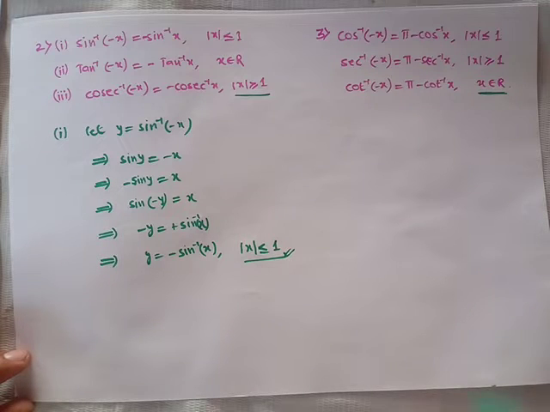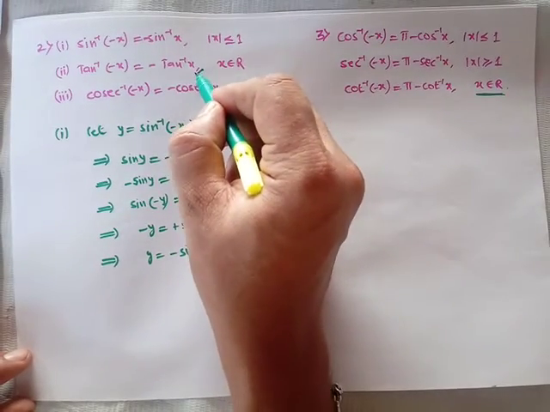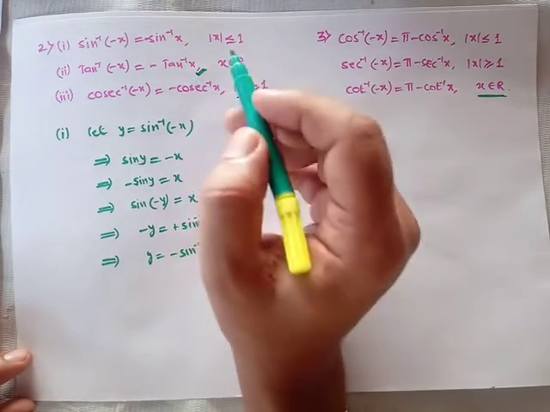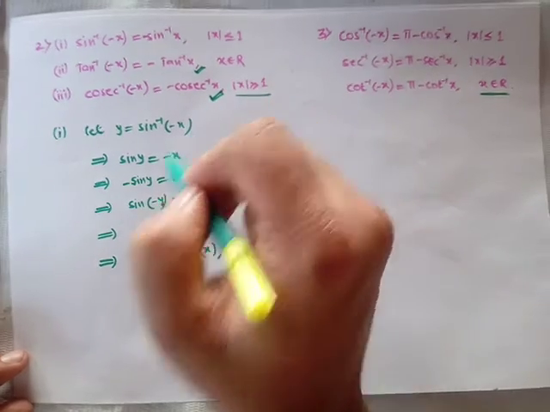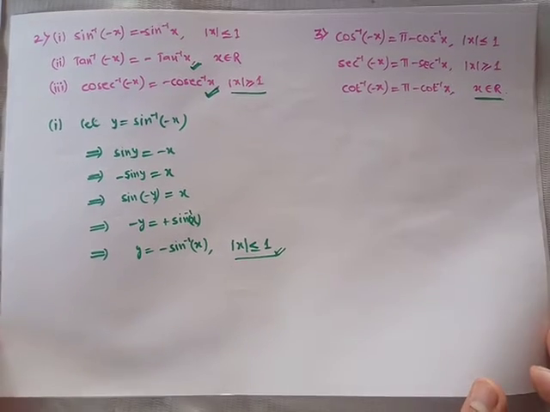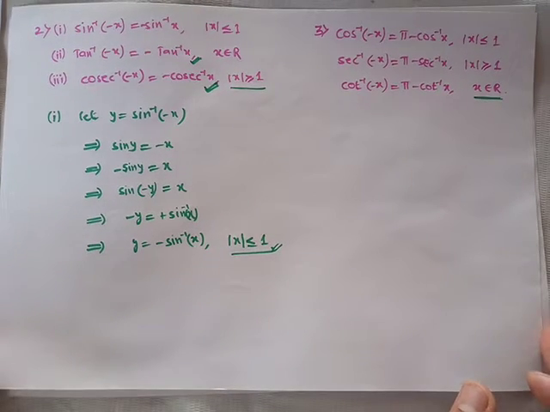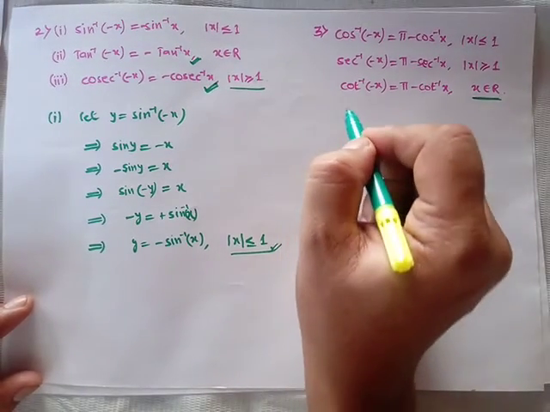Okay, so similarly try to understand. Tan inverse of minus x is equal to minus tan inverse of x, cosec inverse of minus x is equal to minus cosec inverse of x. Coming to the next types, cos inverse of minus x is equal to pi minus cos inverse of x. So here also consider the same.